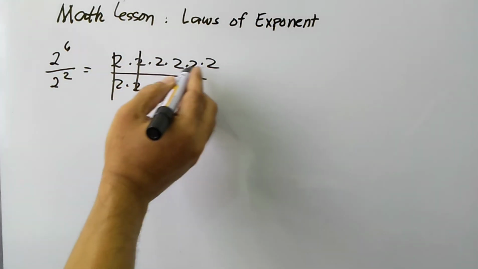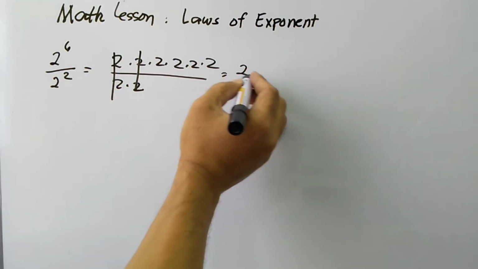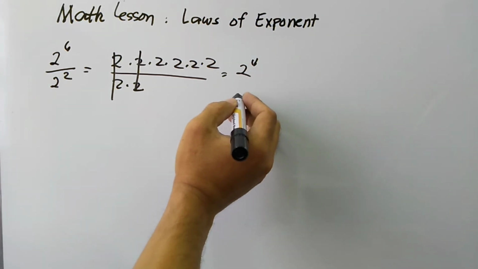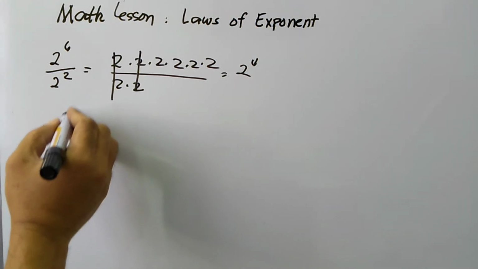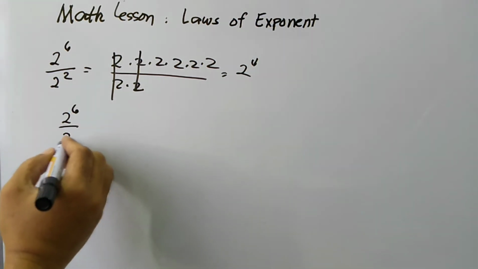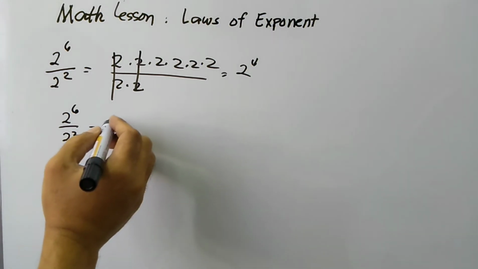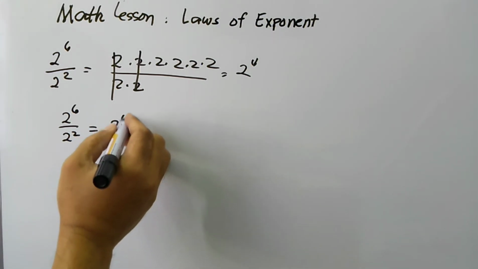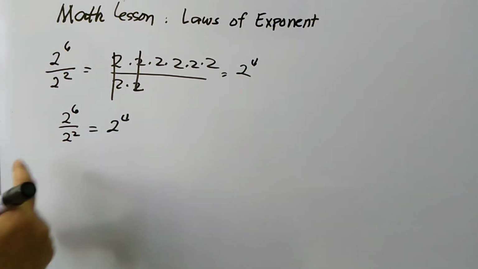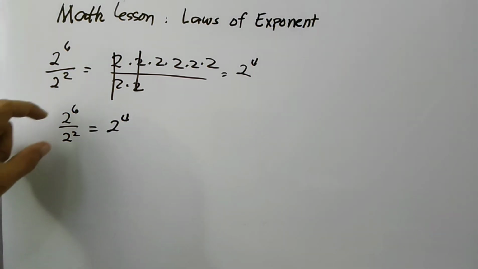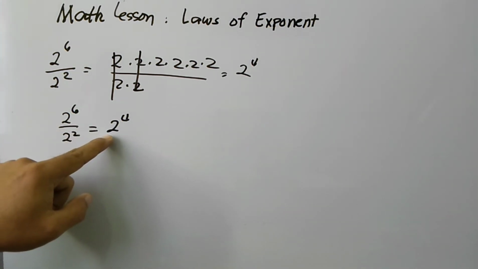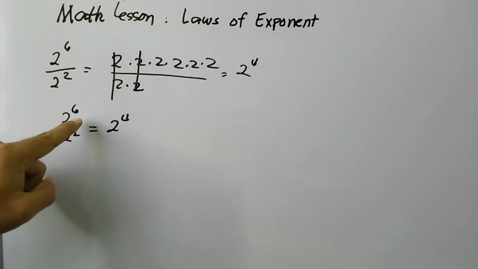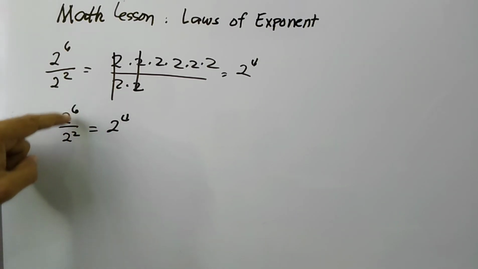Divide this, what remains, we have only 2 raised to 4. So again, 2 raised to 6 divided by 2 squared is equal to 2 raised to 4.